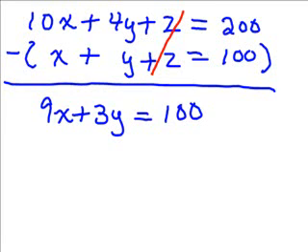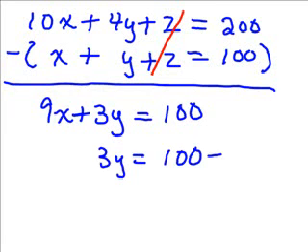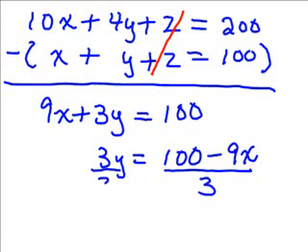This will shorten the next step. You won't have to do as many tries if you do that. So I subtract 9x and have 3y equal to 100 minus 9x, and then dividing both sides by 3, I've now solved for y. y is equal to 100 minus 9x, all divided by 3.